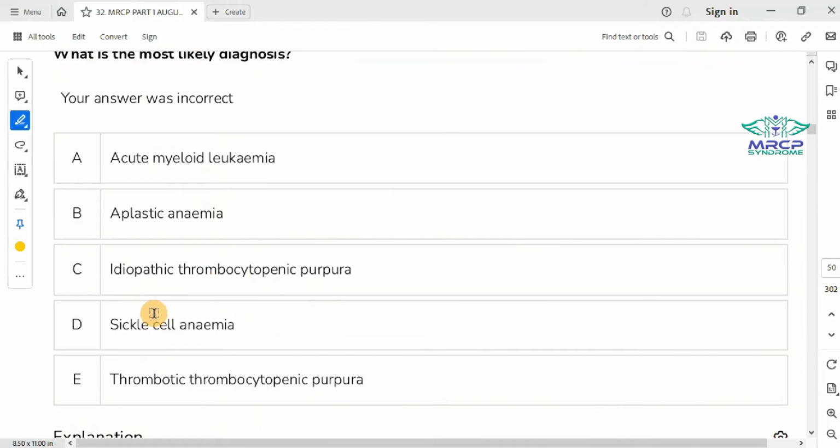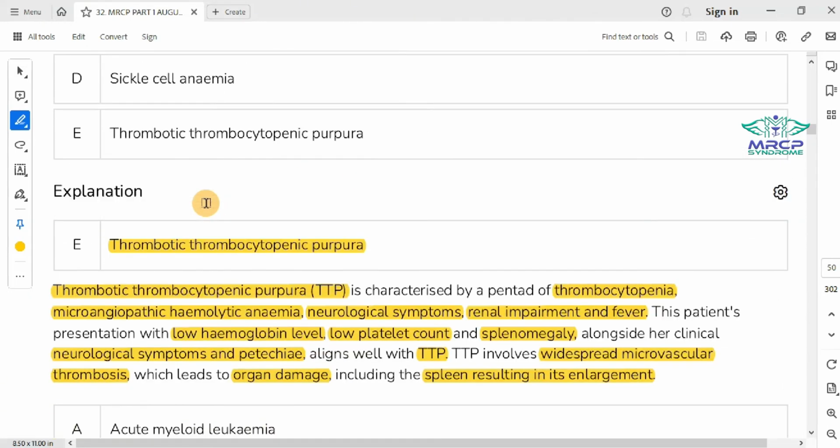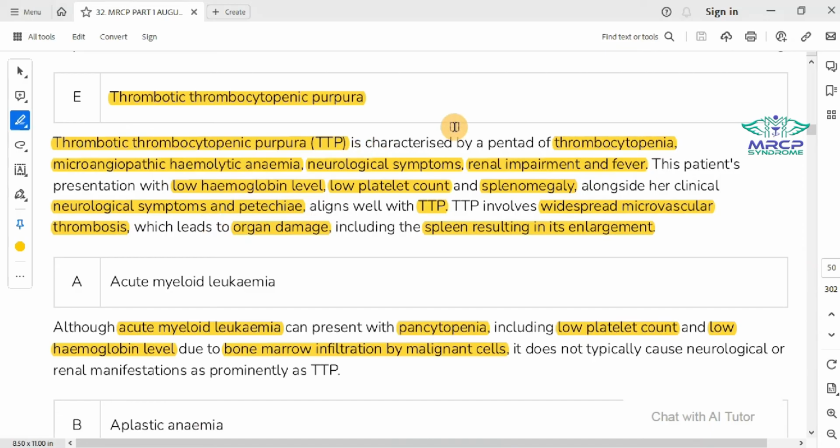And in case of ITP, there should be isolated thrombocytopenia and all other features would be absent. TTP is characterized by a pentad of thrombocytopenia, microangiopathic hemolytic anemia, neurological symptoms, renal impairment, and fever. This patient's presentation with a low hemoglobin level, low platelet count, splenomegaly, alongside her neurological symptoms aligns with TTP.